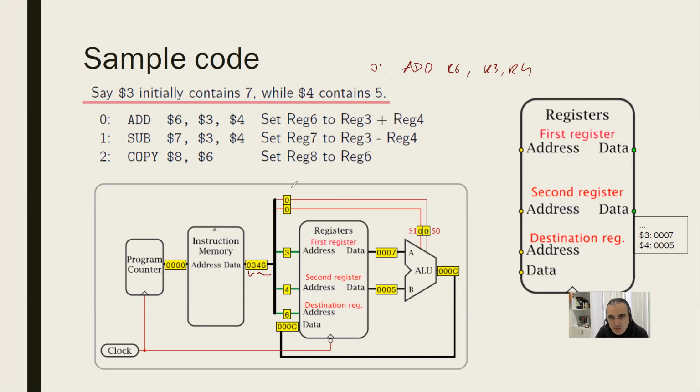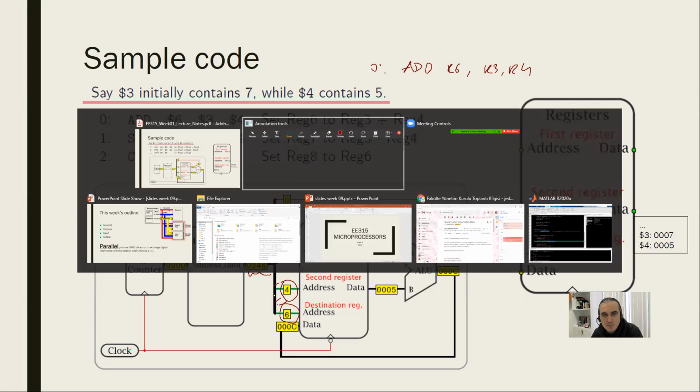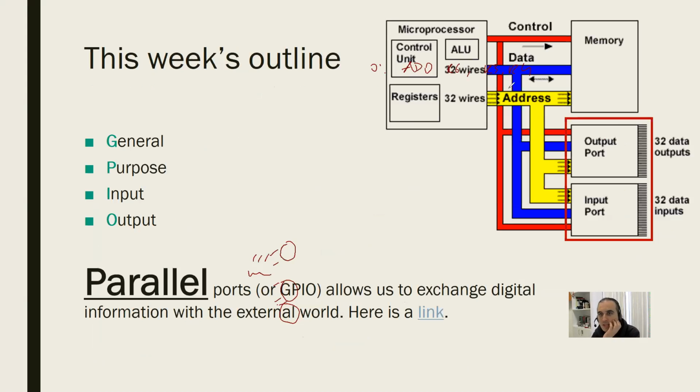This was the machine code that corresponded to this instruction. Remember these from the previous weeks. We know that these numbers indicate the addresses of the registers. So these lines are the address memory we are talking about.